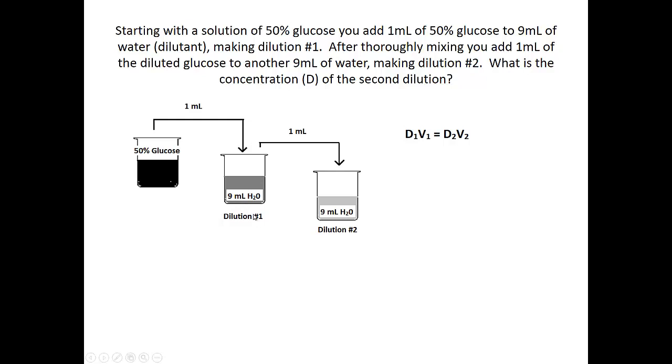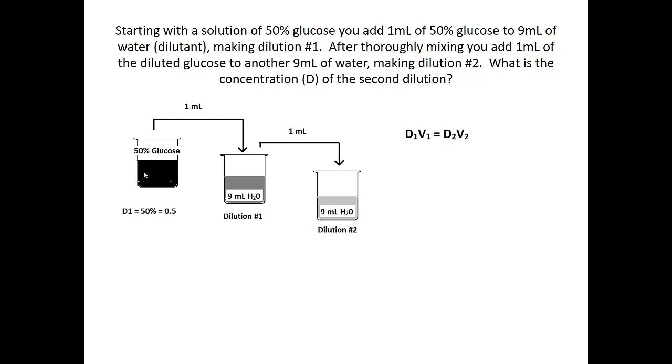Then we're going to take the result, or the product of that first dilution, reset the equation, and solve for the second dilution. So we're going to do this in one part to make the first dilution, and in the second part to make the second dilution. Here's what we're going to do. We'll start by pretending we just have one dilution. Start with step 1 to make dilution 1.